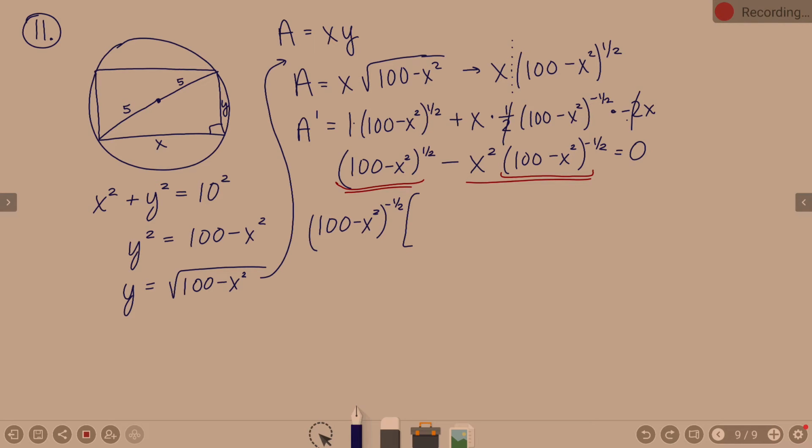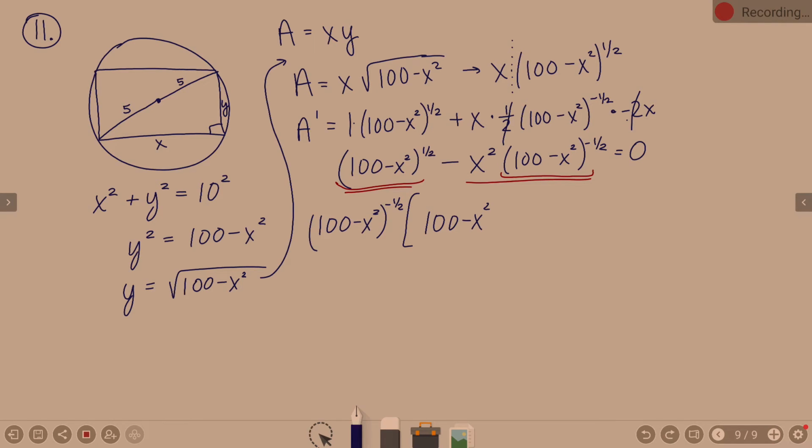Now, as I factor this GCF out, for the first term, it's 100 minus x squared to the positive 1/2. I'm factoring out 100 minus x squared to the negative 1/2. What's the difference in the powers? 1/2 to that negative 1/2 is a difference of 1, yes? So I have a 100 minus x squared to the first power left.